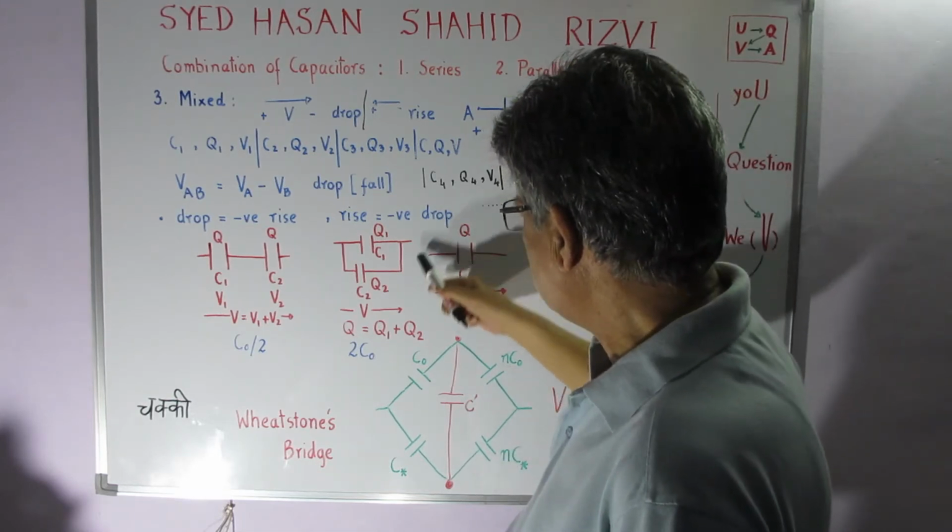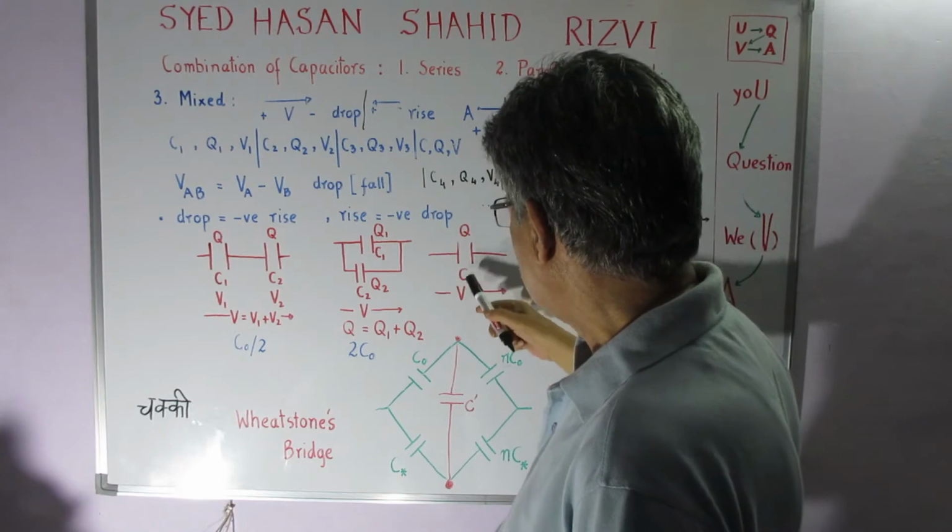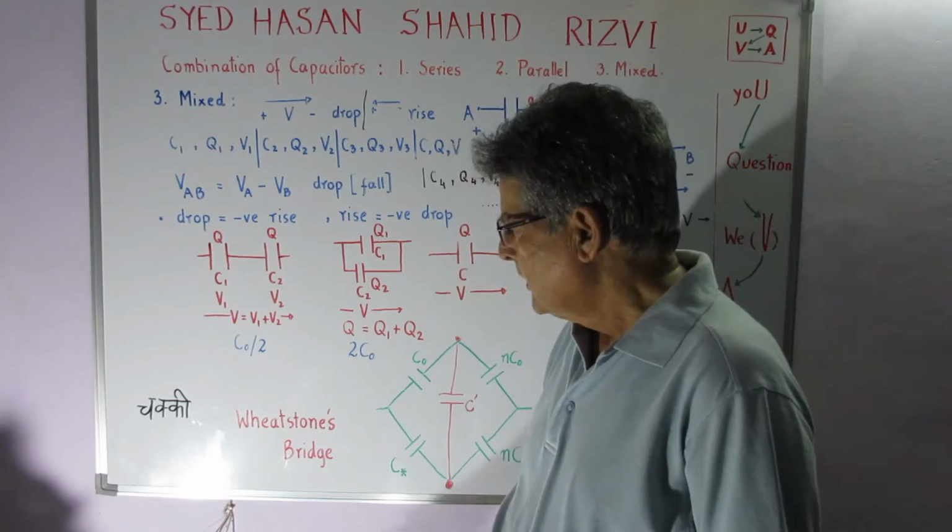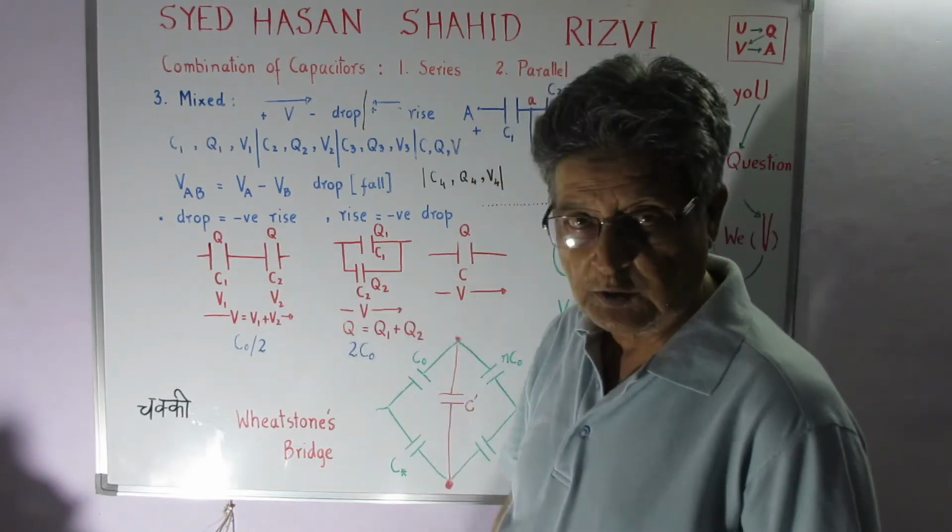And the equivalent over here, QCV, so V is equal to V1 plus V2.